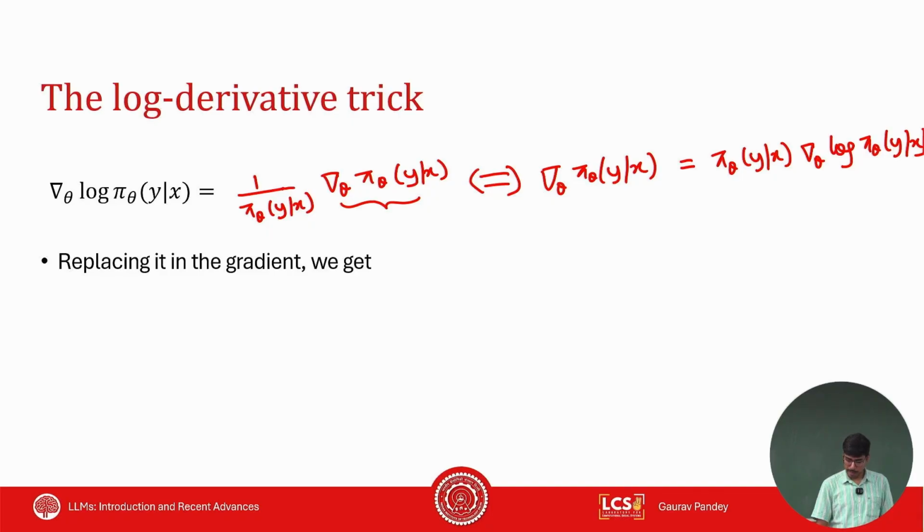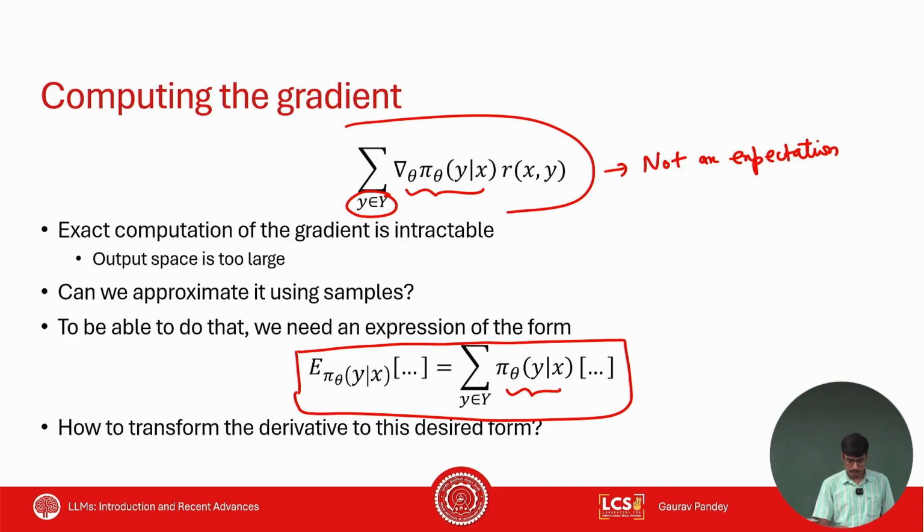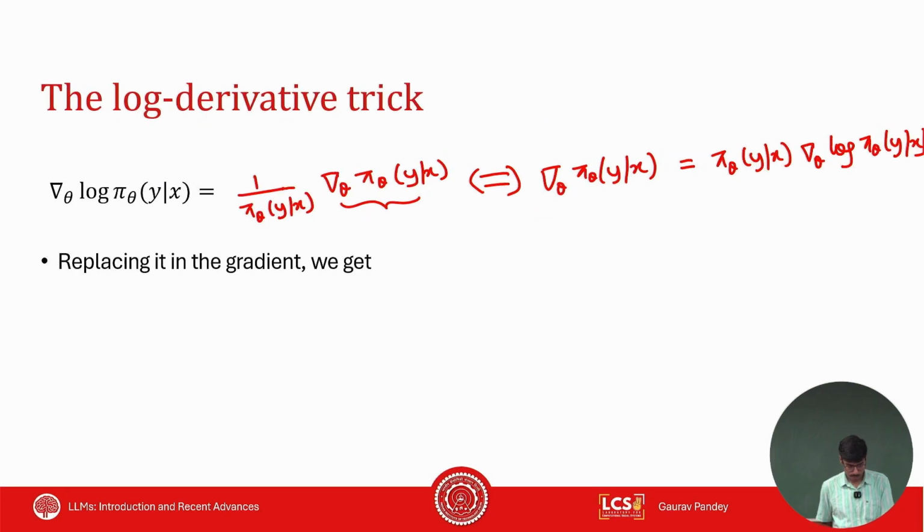And now we can plug it back in the previous equation we had. So let's see what the previous equation was, the first equation that we have. We can replace this term by the log derivative trick that we applied. So what will happen to this summation? Let's write summation y belonging to Y, gradient theta pi theta.